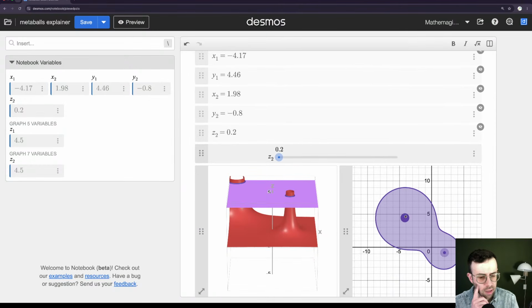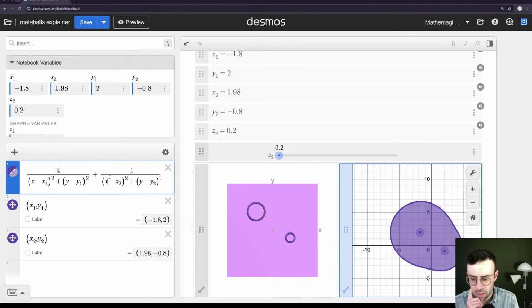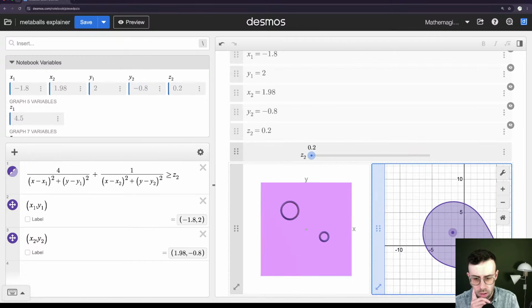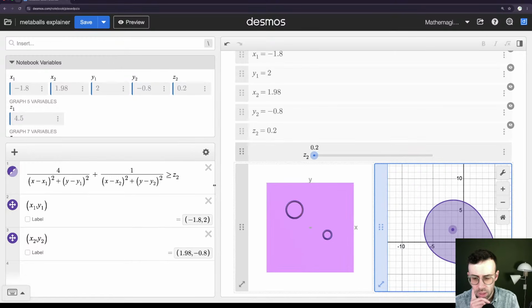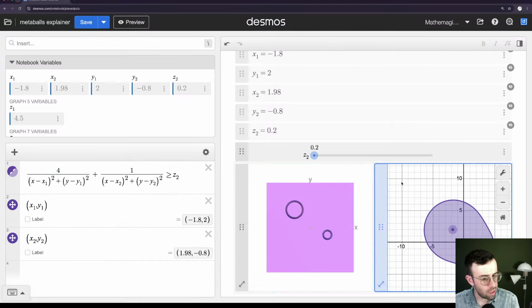Although, no, actually on the 3D one, it does look like it has a radius of 2. So maybe I messed something up here. These equations look the same to me. Maybe I'll copy this one in so I can look at them side by side.